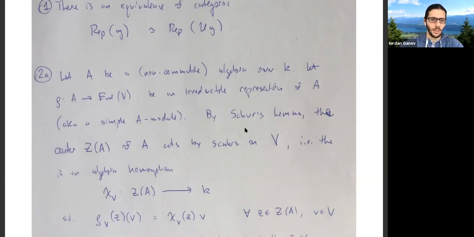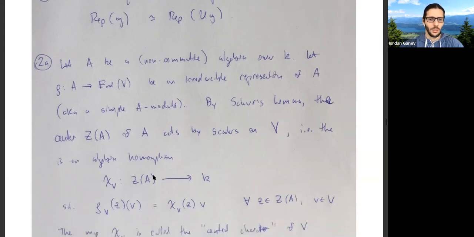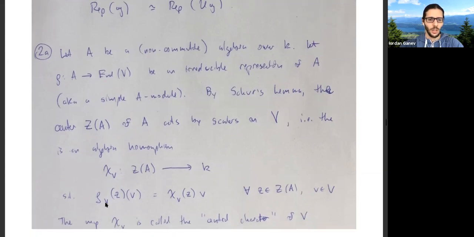The same idea extends to show that if you have a finite dimensional simple A-module, the center of A acts by scalars on V. So for a fixed simple module V, there's a map from the center to K, such that the action of anything in the center, so z in the center, on V is just scalar multiplication of V by the scalar chi_V(z).